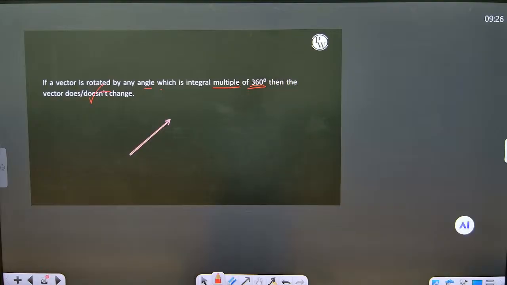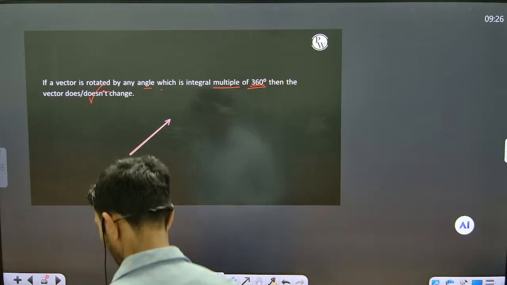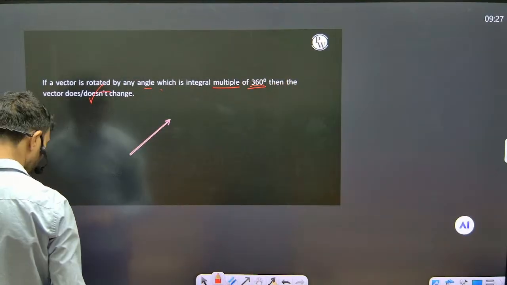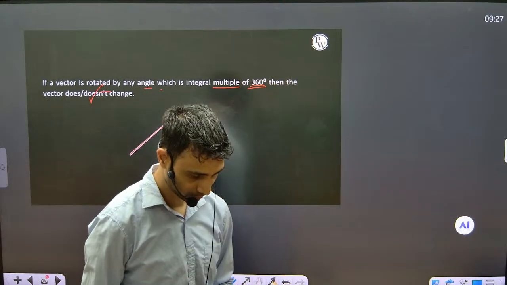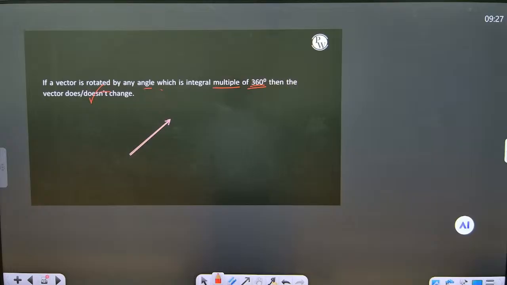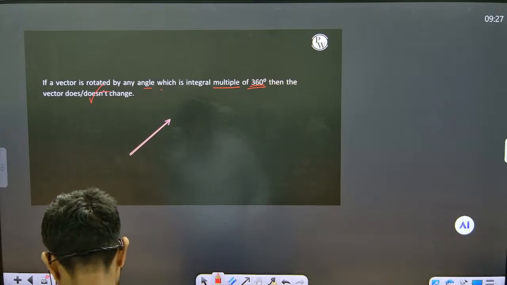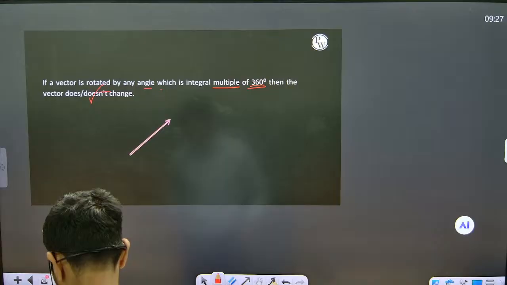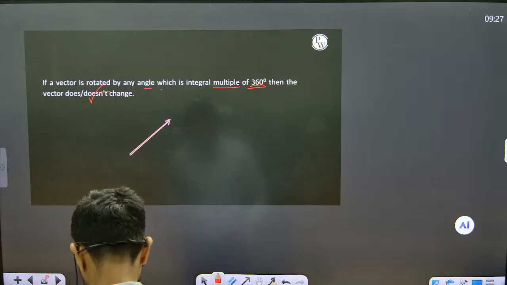So the vector doesn't change at all, right?